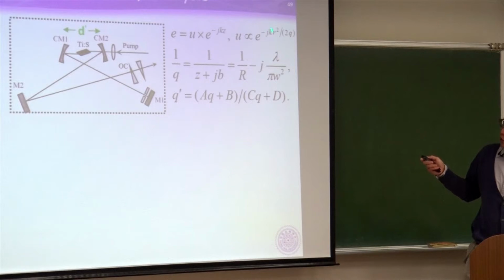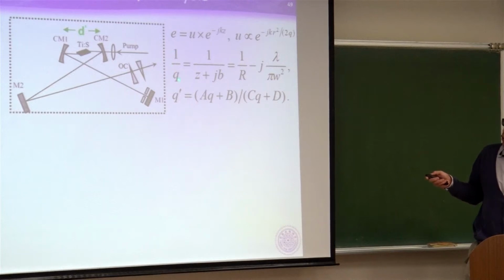Because of the r squared, this is a Gaussian beam, okay? But you see, this is a j, so this is a phase function, right? But in reality, your q is not a real number. If q is a real number, this is a pure phase function. It's not a Gaussian beam.